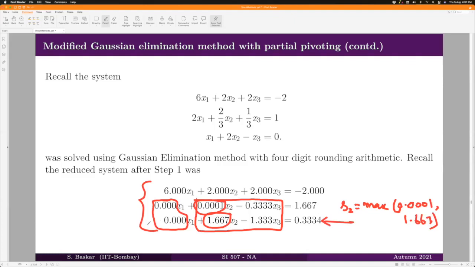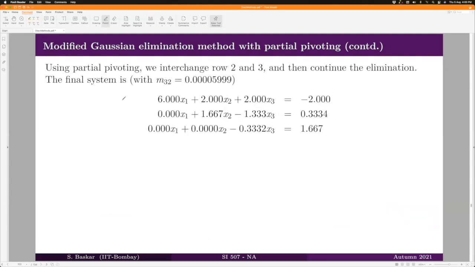Therefore, the third equation will go to the second equation's position, and the second equation will come to the third equation's position. And now do the second level of elimination process, which is exactly the same as the naive Gaussian elimination process. And we will obtain this system where you can see that this coefficient has become 0, because that was the main aim of the elimination process.